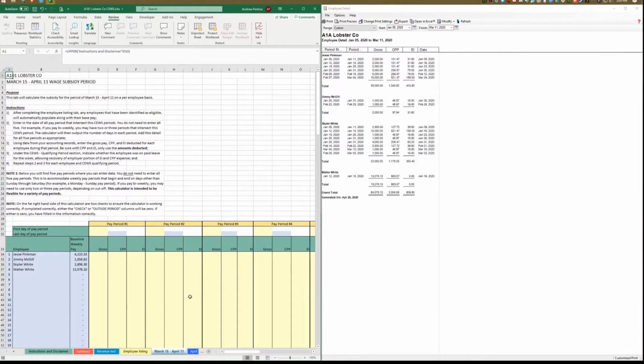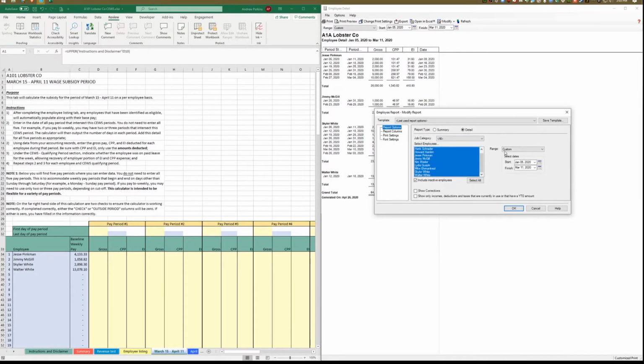So we're going to move back to our Sage 50, and we're going to start looking at this on a pay period by pay period basis. Probably the easiest thing to do in this case is to just pick a few days prior to the period covered under the subsidy, March 15th, to a few days after April 11th, so you can catch all of your employees, and simply just do a week by week dump.